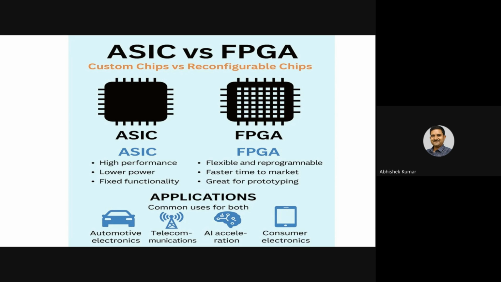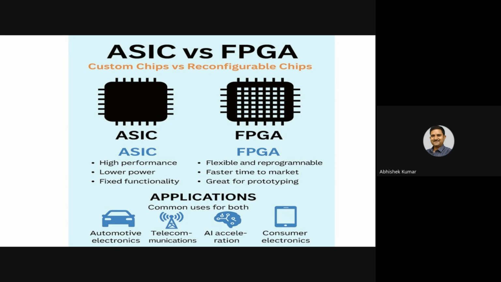There are broadly two types of IC we have. One is ASIC, the second is FPGA. ASIC stands for application specific integrated circuit. ASIC means there is one IC designed for only one task, only one operation it can perform. Let's take the IC of the NAND gate.